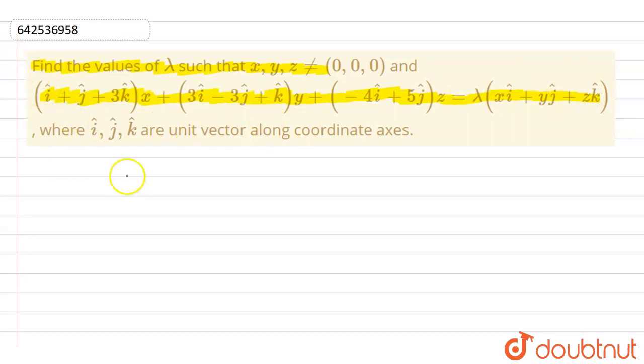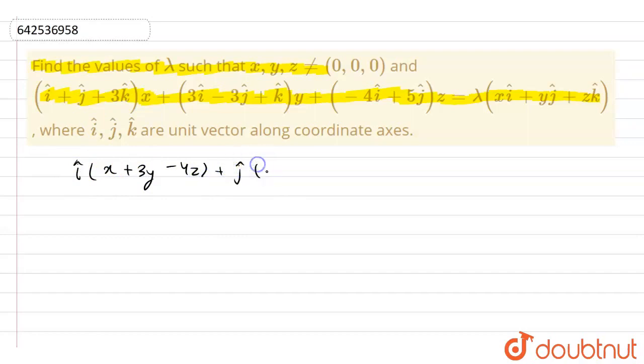Right, so now I can write it as I cap, we have x plus 3y minus 4z.